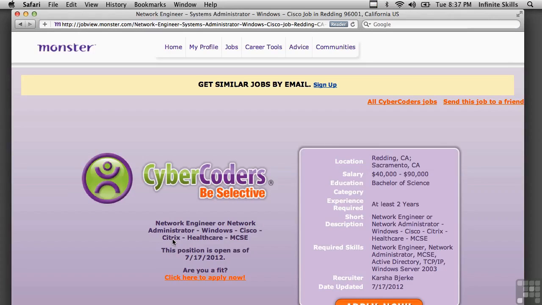You can see that they are looking for somebody who has experience with Windows, Cisco, Citrix, and healthcare. So it's a healthcare company. It's using Windows, and they're also using Cisco probably for their network hardware, and they are using Citrix for probably some sort of virtualization solution. So that's a lot of information that we now know about this company.